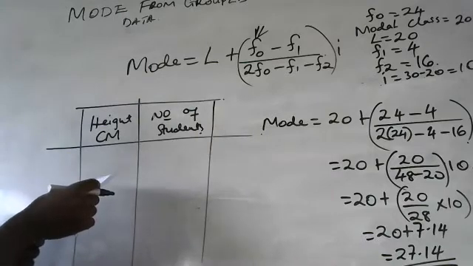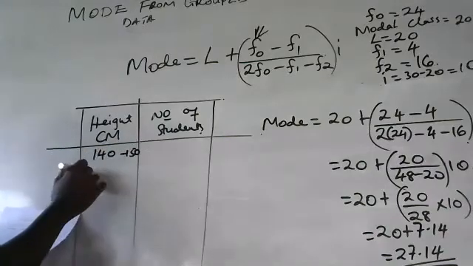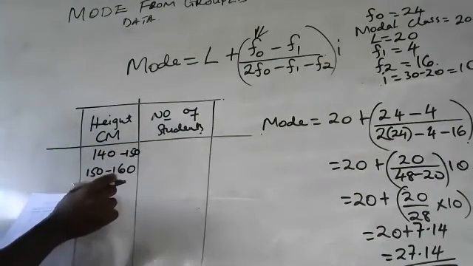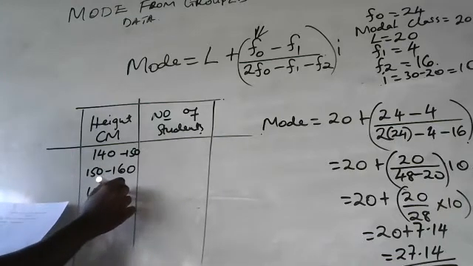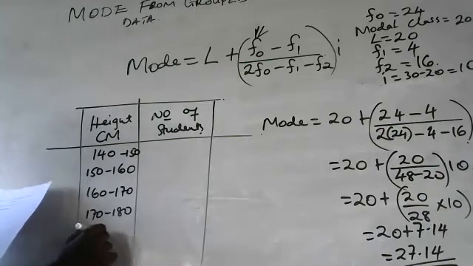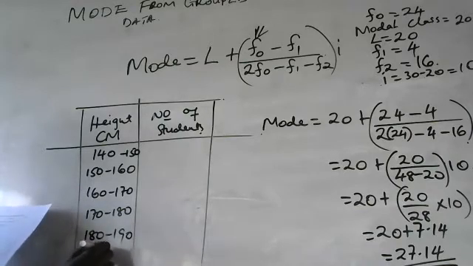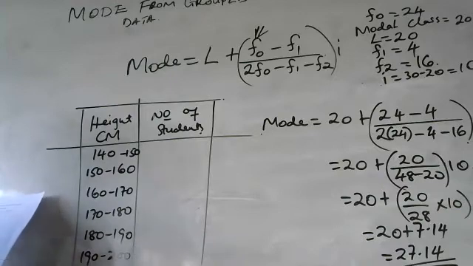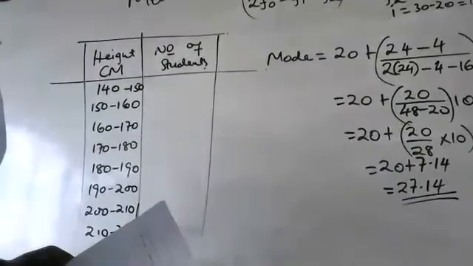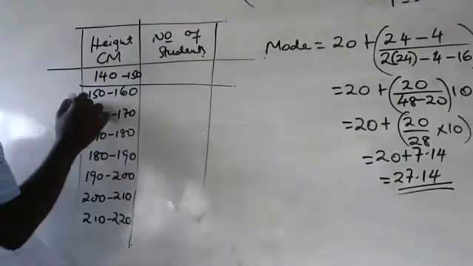So here you are given 140 to 150, 150 to 160, 160 to 170, up to 200 to 210.